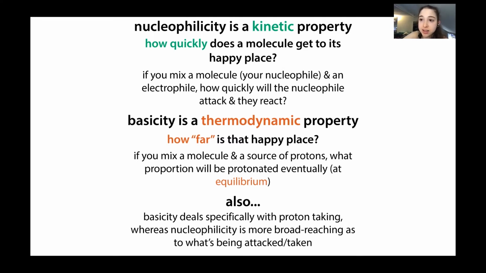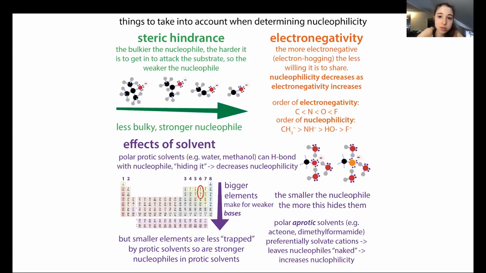You can slow down a reaction, make it less nucleophilic without making it less basic. And so this can help you control whether you want something to act as a nucleophile or a base. So you can help determine reaction outcomes if you have competing reactions. So what makes something a good nucleophile?